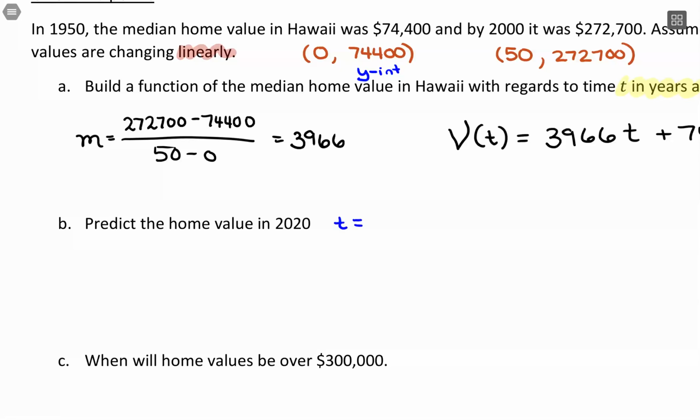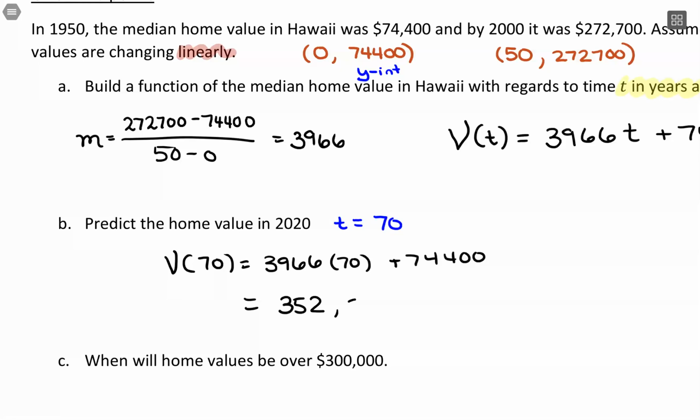Predict the home value in 2020. So this is where we're plugging in a time of 70. So we're looking at v of 70. So 3,966 times 70 plus 74,400. We could just plug that into a calculator to get 352,020.